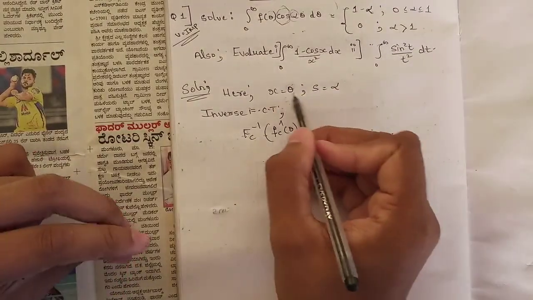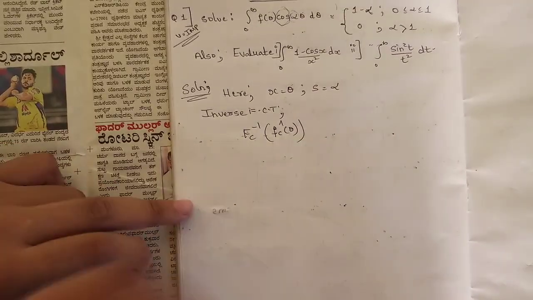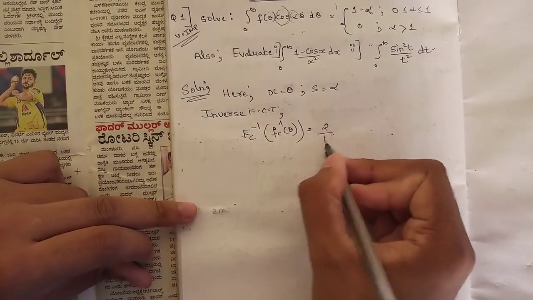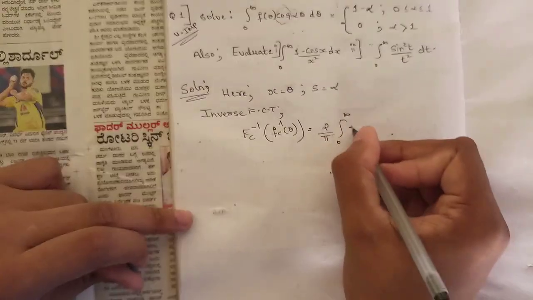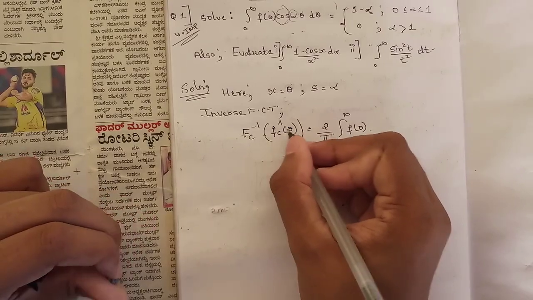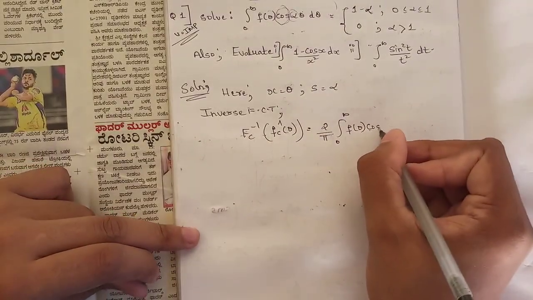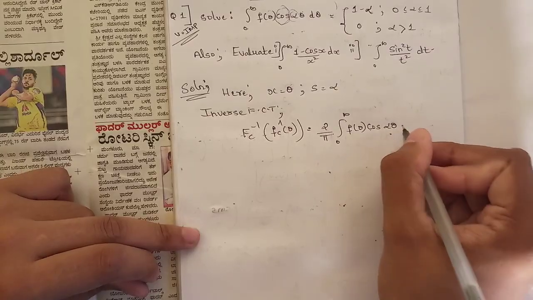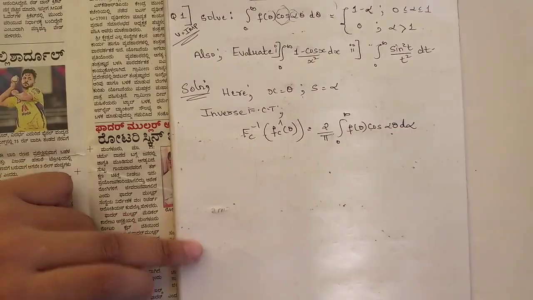In place of s, Fc of theta is given as 2 by pi into the integral from 0 to infinity of f of theta, so it is not Fc of s, it is Fc of theta now, into cos alpha theta, and the parameter is d alpha because the value of s is equal to alpha.